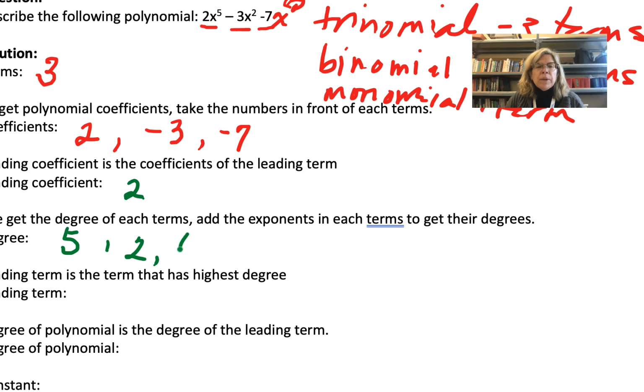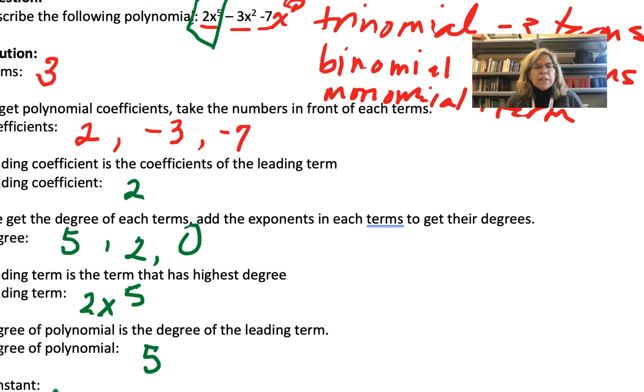We already talked about that. And then the leading term is the term that has the highest degree, so that would be the 2x to the fifth. And the degree of the polynomial is the degree of the leading term. So the degree of the polynomial is 5.